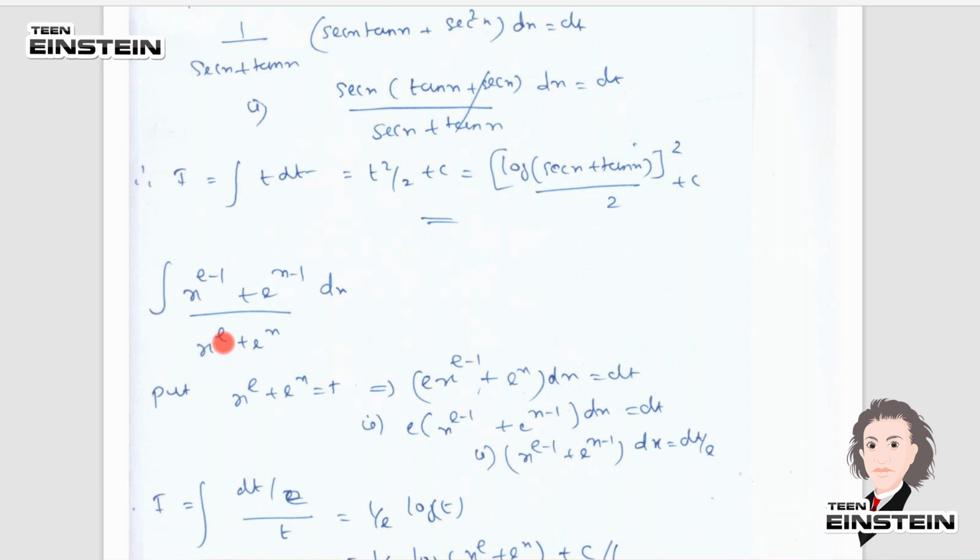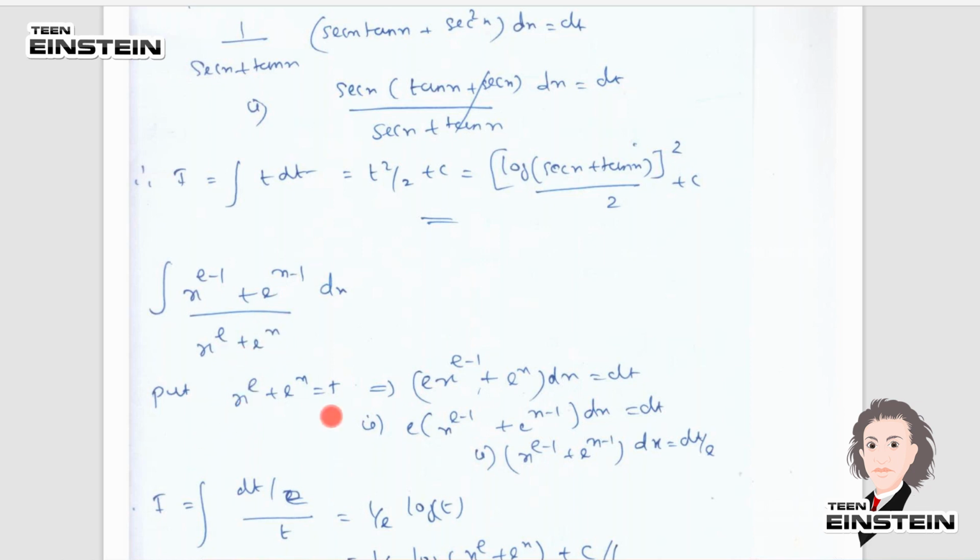That is present here. Then the differentiation of e power x is e power x, that is also present here. So what substitution do I have to use here? x to the power e plus e power x is equal to t.